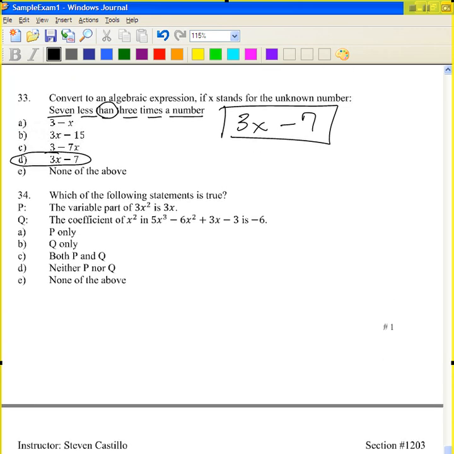34. Which of the statements is true? And so P. The variable part of 3x squared is, well, x squared. So that's false. Q. The coefficient of x squared is, well, if I look here, the coefficient of x squared is -6.